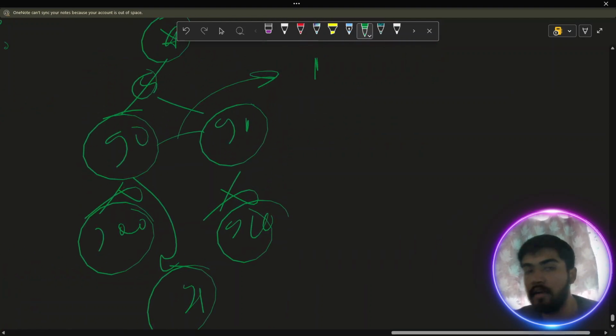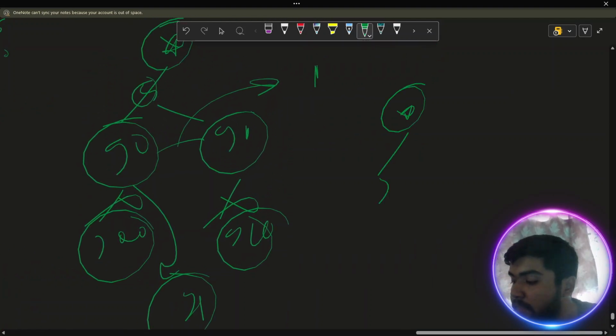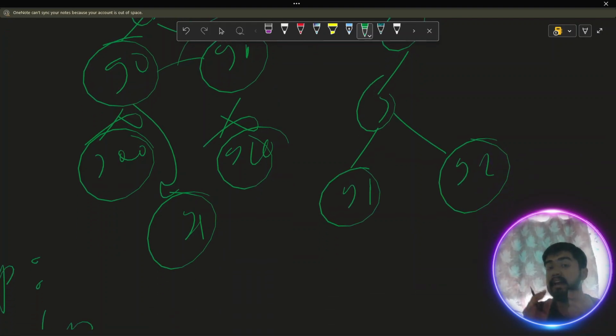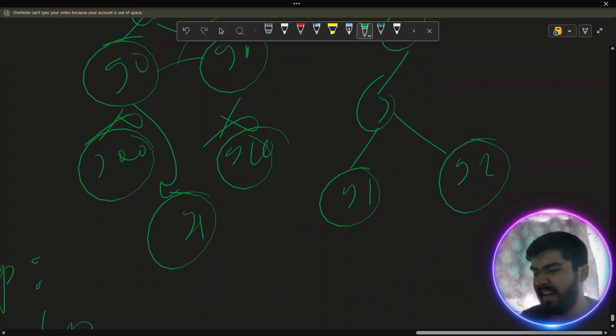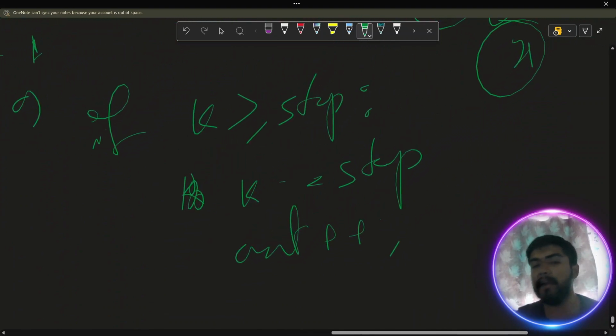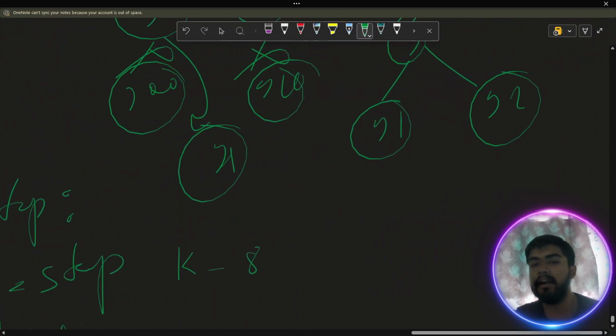Now do the comparisons. Again there can be 9. Now we are at 91 and it is going to be compared with 92. And my k after this, k minus steps, only one step we are able to identify. My k becomes 8, right?